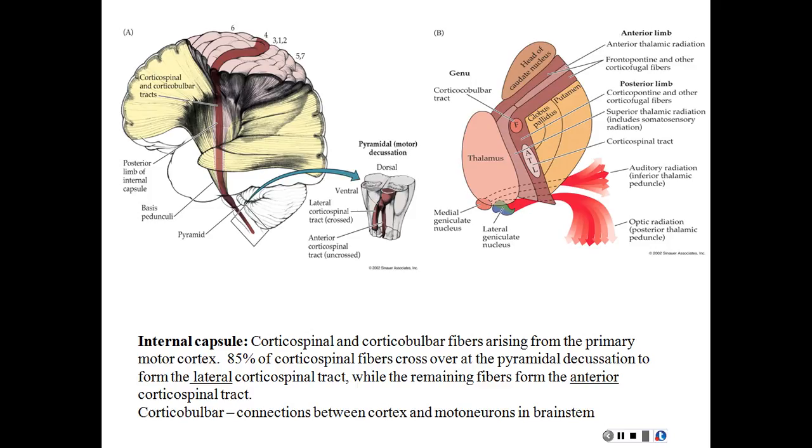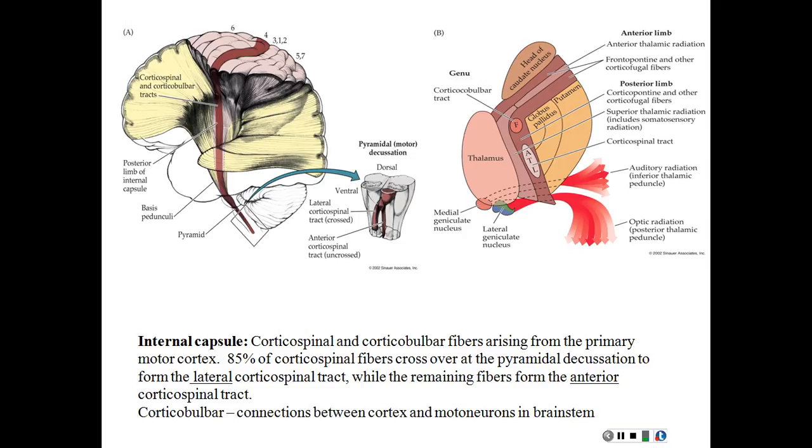So we go from a singular pathway called corticospinal to two pathways, lateral and anterior corticospinal. 100% of the laterals are crossed, and the anterior corticospinals remain ipsilateral, that is, on the same side. And we're going to see how they actually influence different parts of the body in just a second. So this is a critical juncture.